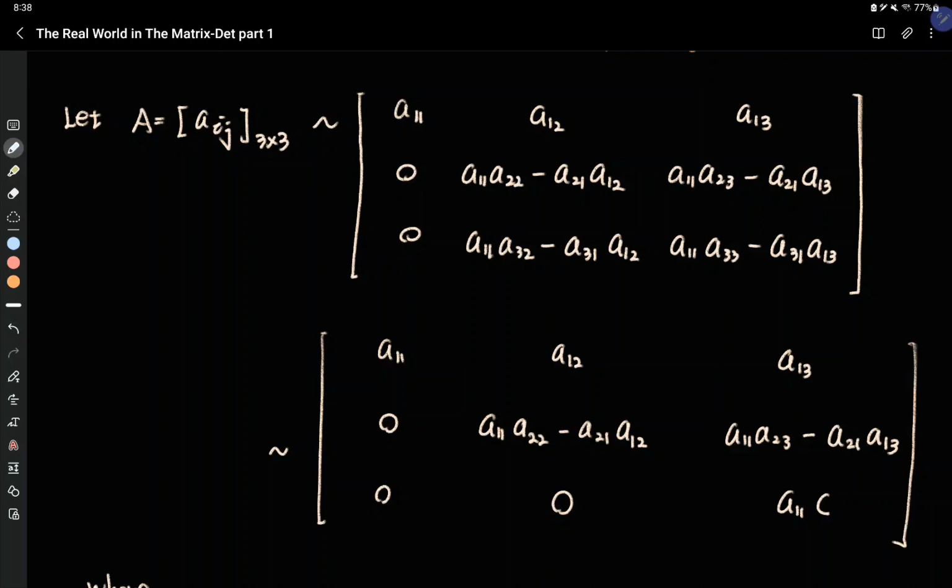That's one of the row operations. Similarly, we can do that for the other entries.